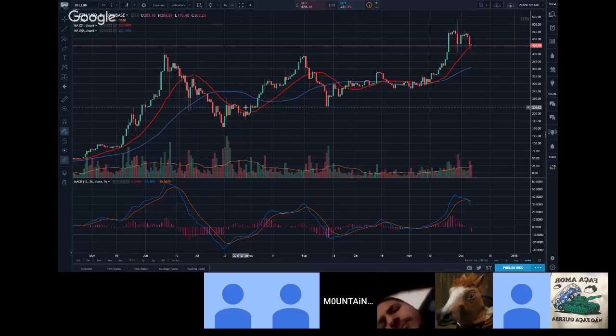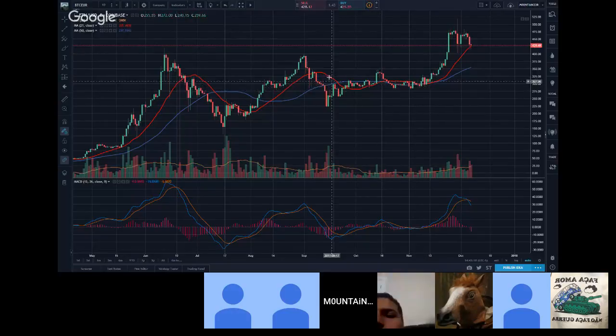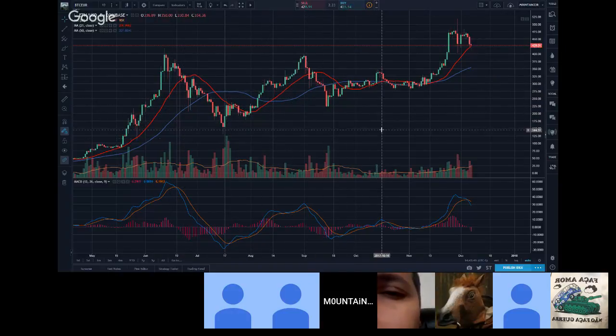We have our 21-day meandering back and forth across our 50-day. And so that tells us that our market is in a period of more consolidation, moving across itself. And in fact, that's what happened. If you look, there's not a whole lot of price change from here to here. It goes up, it goes down, but it's really moving sideways. And our 21-day is crossing back and forth.